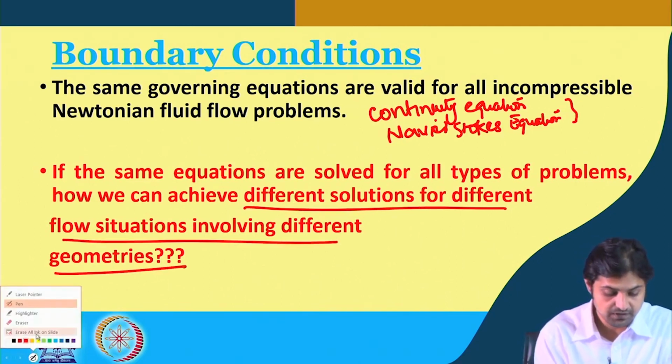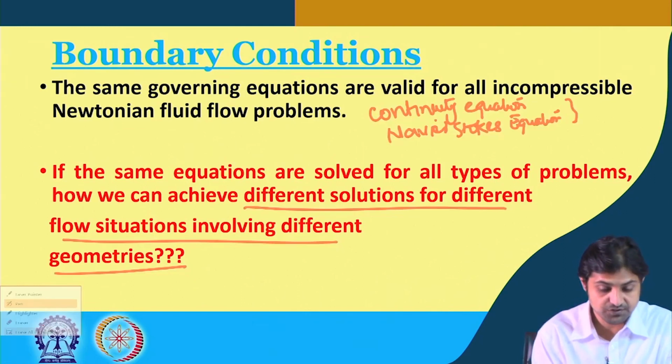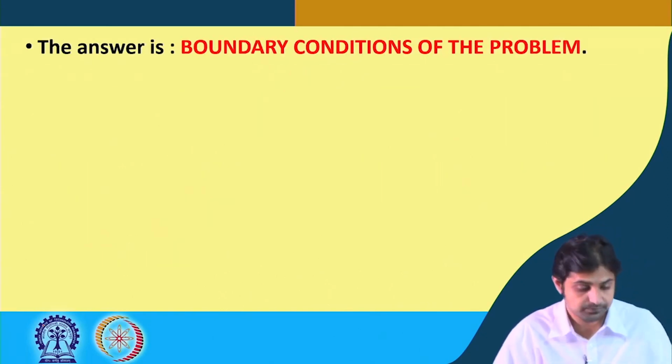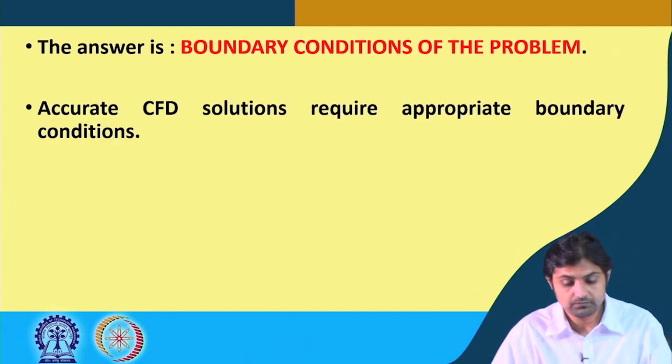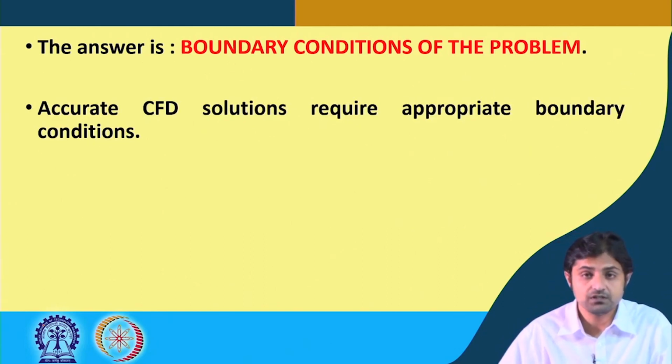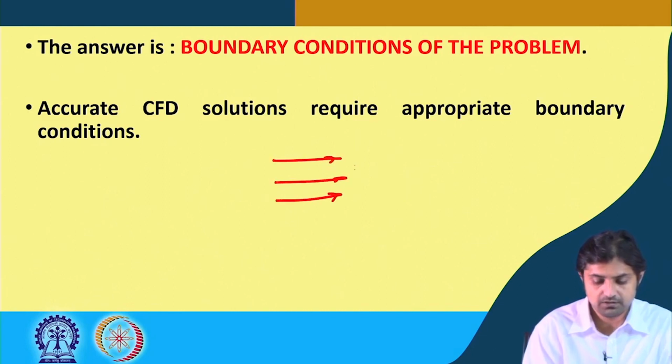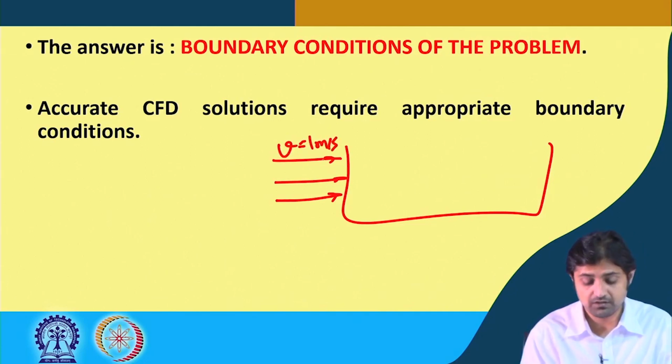And this happens because of something called boundary conditions. So the answer is boundary conditions of the problem. I will tell you what that is. For example, if the flow is occurring right in a tank itself, the velocity is 1 meter per second, continuously occurring, right.